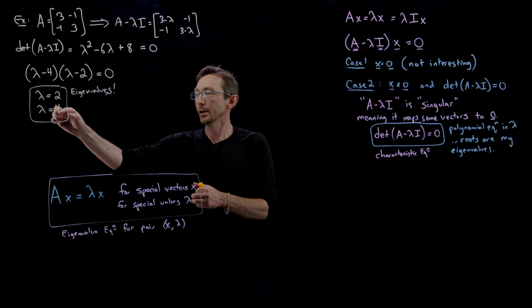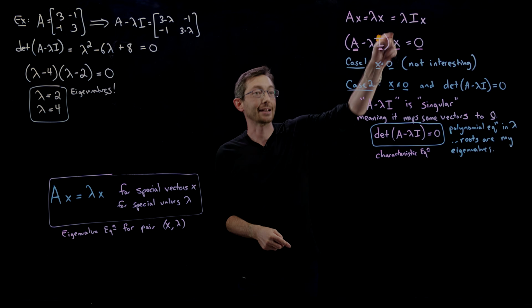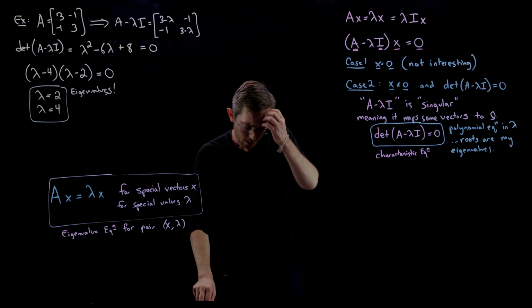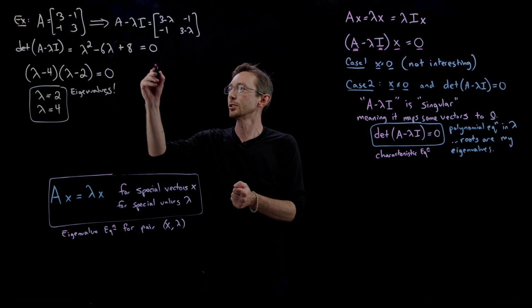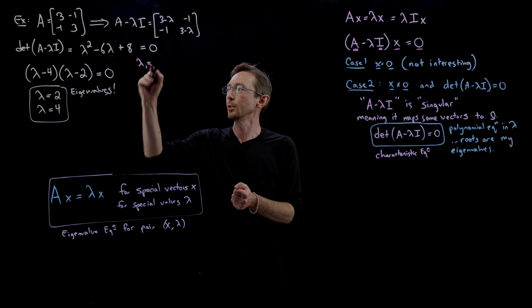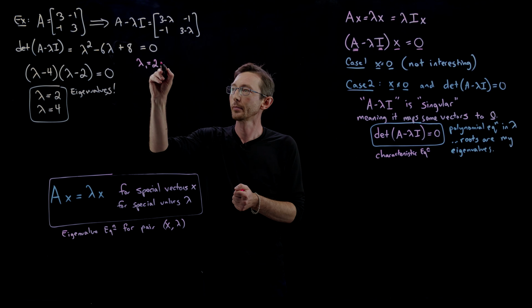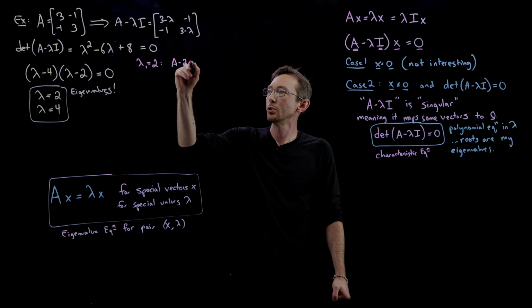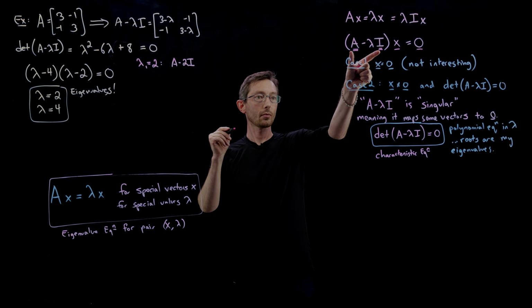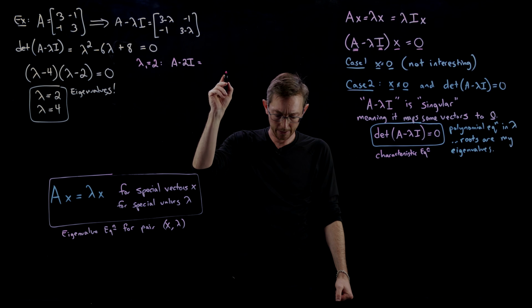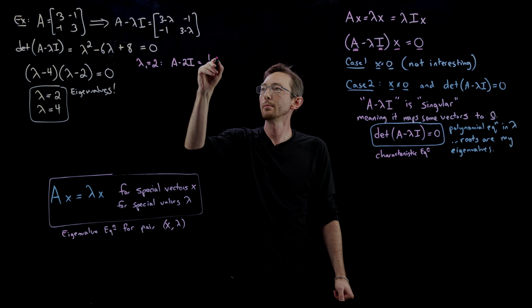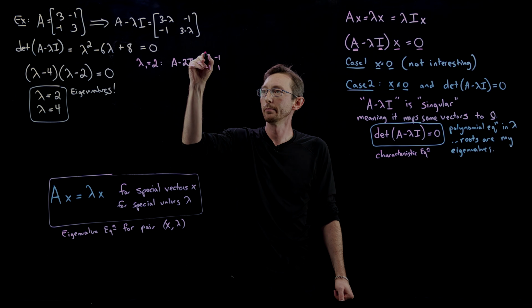Now for lambda 2 and lambda 4, I'm going to find the x that gets mapped to 0. Those are going to be my eigenvectors. So this is pretty easy. Okay, so let's just do this. Lambda 1 equals 2. Let's start with lambda 2. So now I take A minus 2I, which is just 1, minus 1, minus 1, 1.